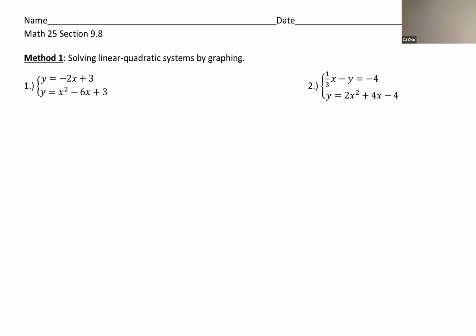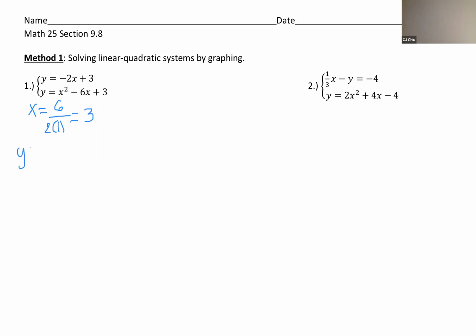So by graphing, you have y equals negative 2x plus 3, so that's a line. Y equals x squared minus 6x plus 3, so that's your parabola. The line is fine, so let's work on the parabola first. Standard form, find the vertex. X equals negative b, so 6 over 2 times 1, which gives us 3.